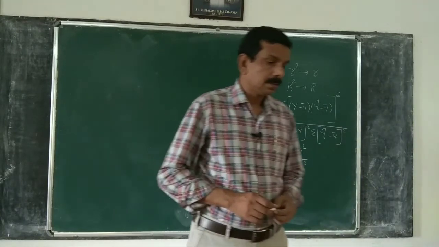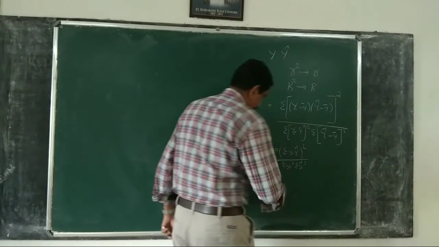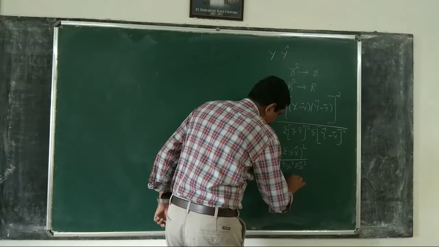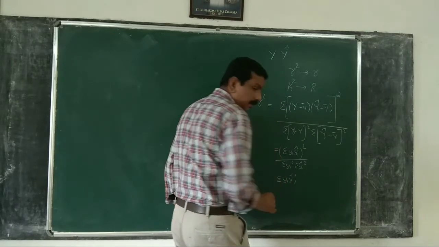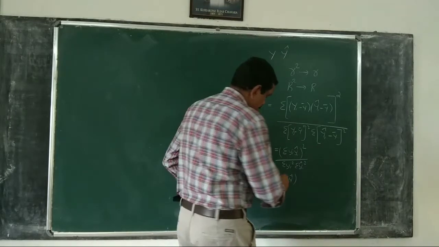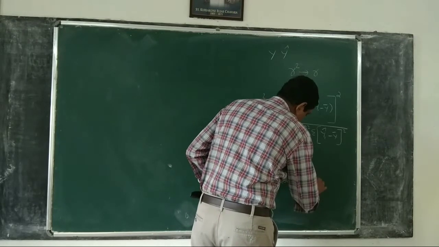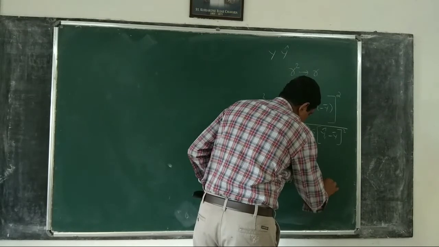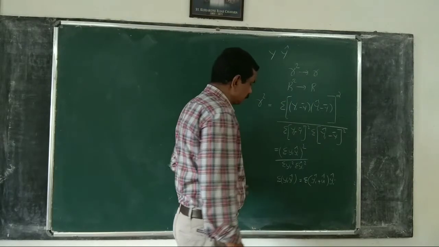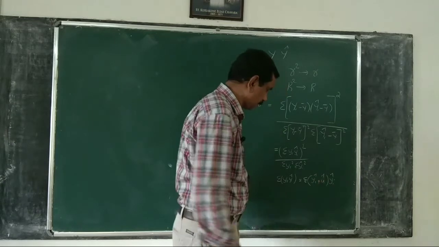Now consider the numerator, sigma yi y hat i. This can be written as sigma of (y hat i plus u hat i) into y hat i.